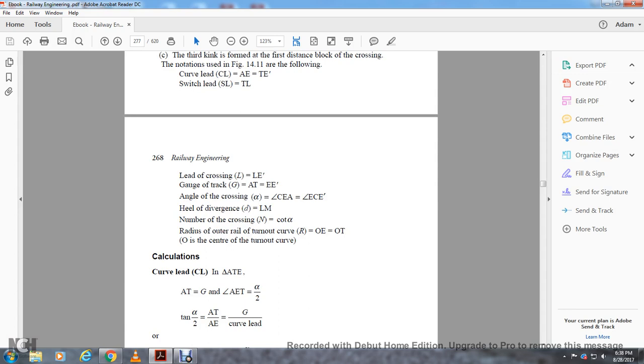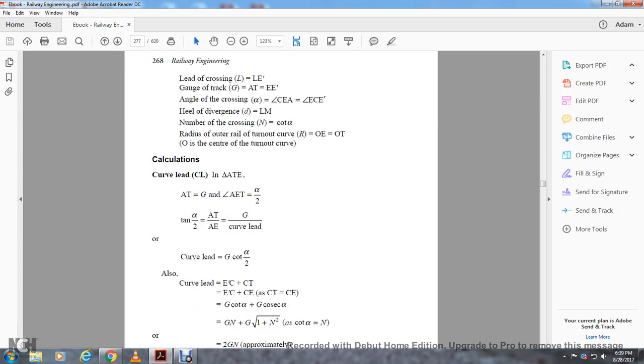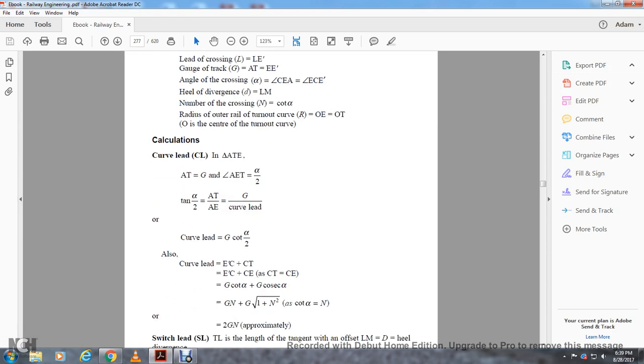Calculations: consider the triangle AET. AT is equal to G, and angle AET is equal to A over 2. Tangent of A over 2 is equal to AT over AE, equal to G over the curved lead. So the curved lead is equal to the gauge over the tangent of A over 2. The curved lead is also equal to CT plus CE, where CT is equal to CE.